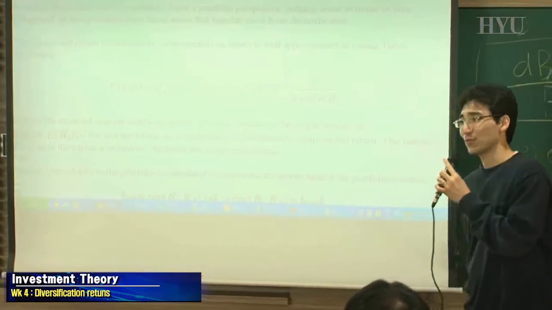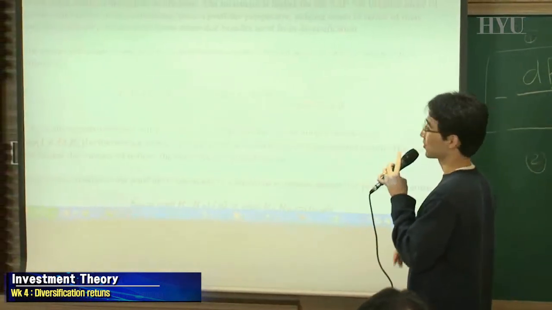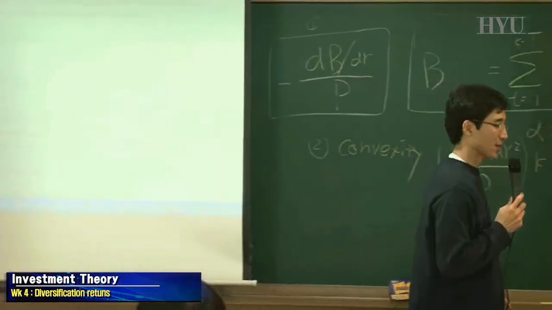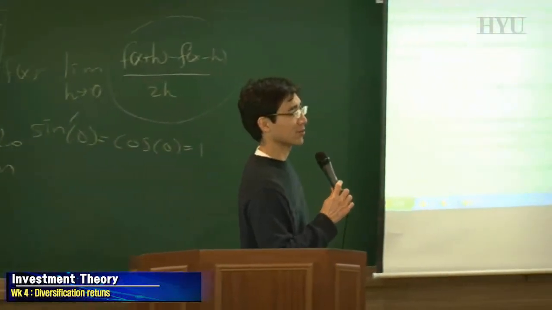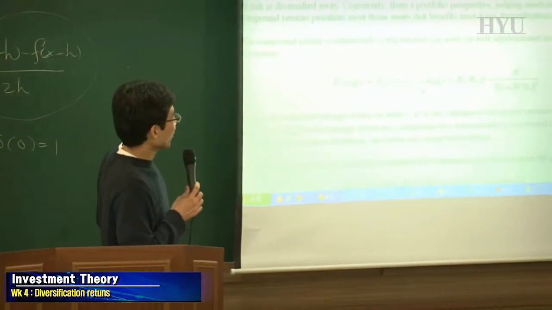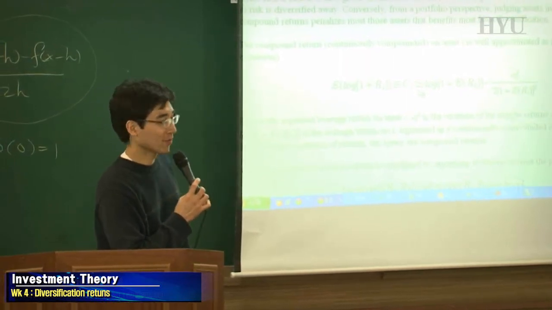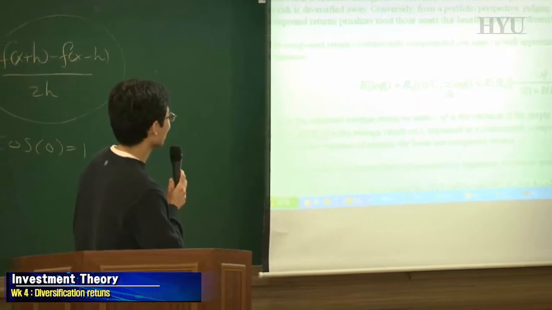One easy way to reduce this volatility is diversification. So diversification can increase your total return given arithmetic return. And that part of increased return due to diversification is called diversification return.